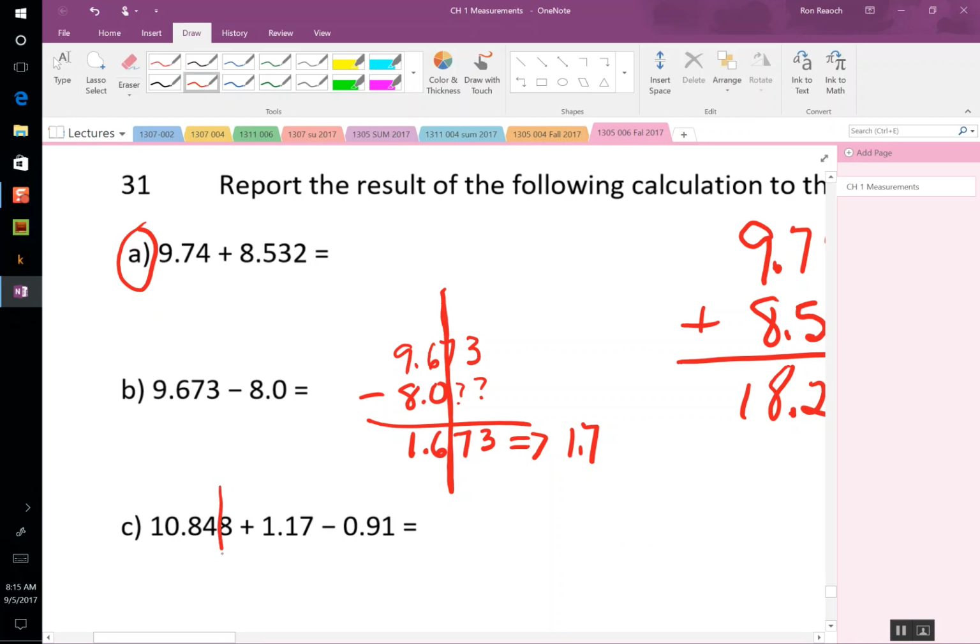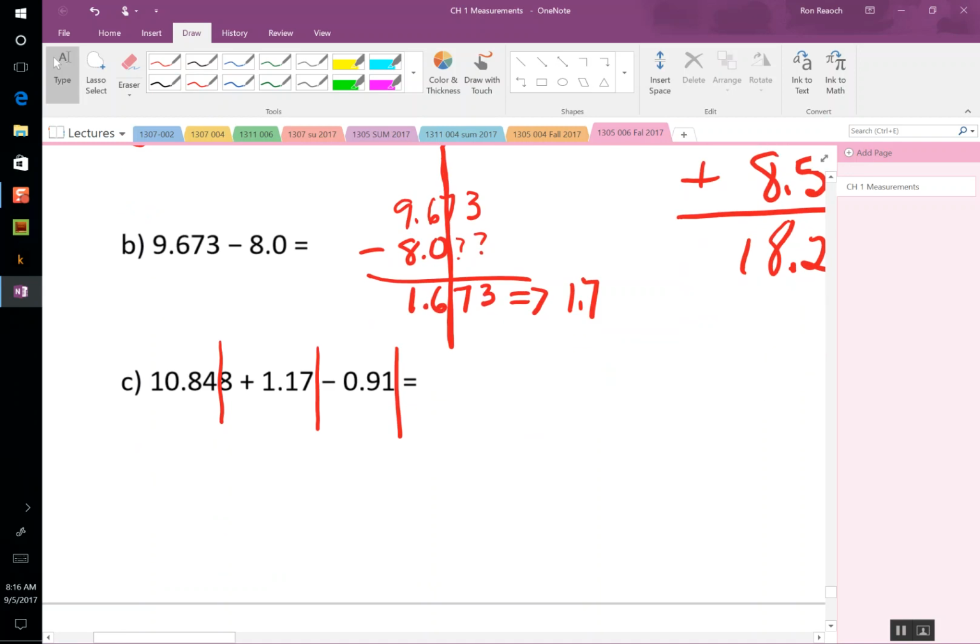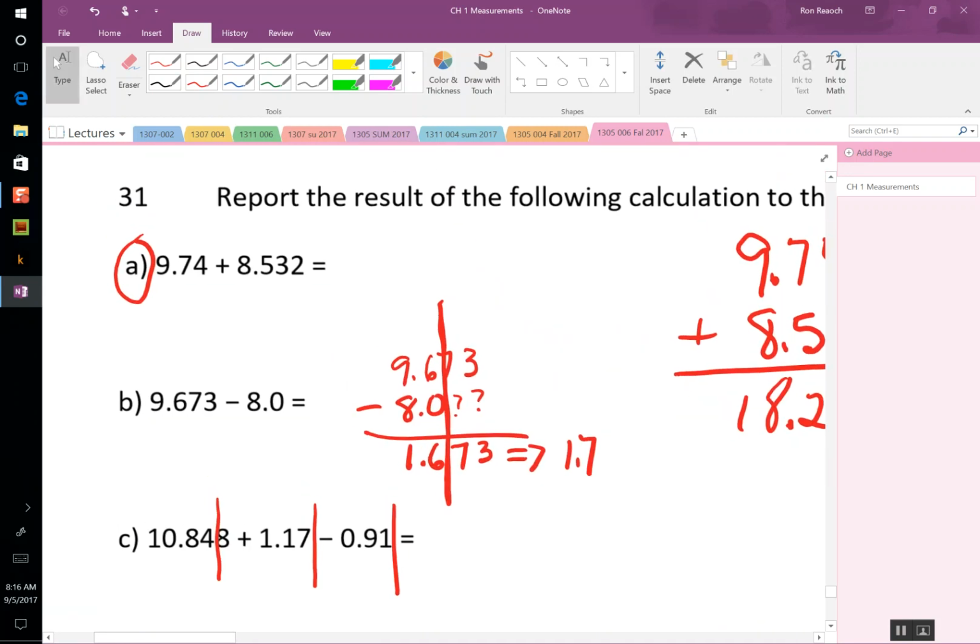You have 2 decimal places in each of those numbers, so you can go ahead and do the addition and subtraction and report your answer to 2 decimal places. We're not going by significant figures, we're going by decimal places. This is for addition and subtraction.